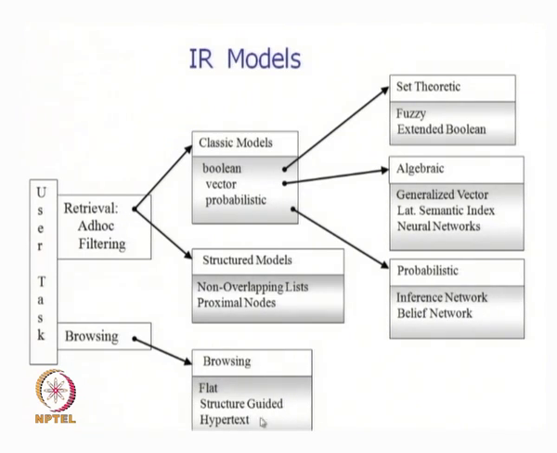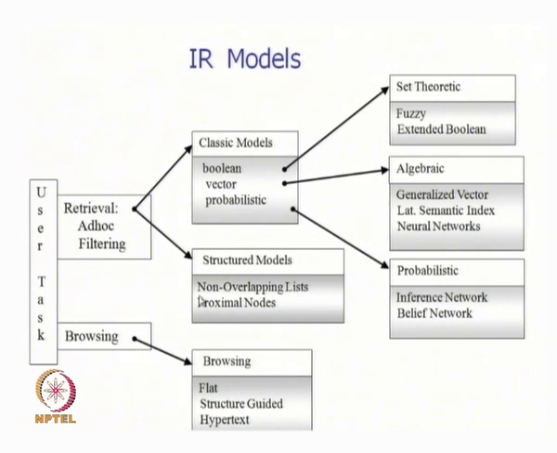So, one could browse either a flat file, which could be a .txt, .pdf, .doc, any of those files, or it could be semi structured data or completely structured data. Hypertext is semi structured data with tags embedded in text, and completely structured data would be tables, for example.